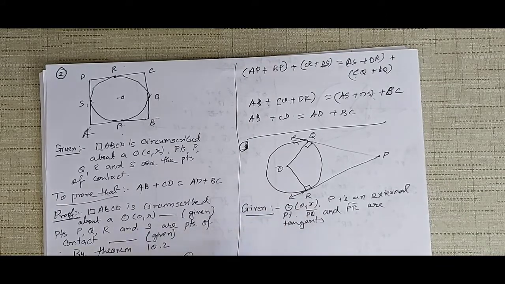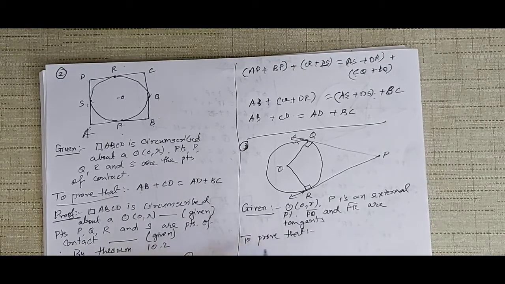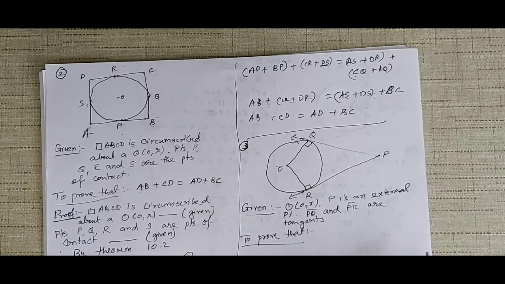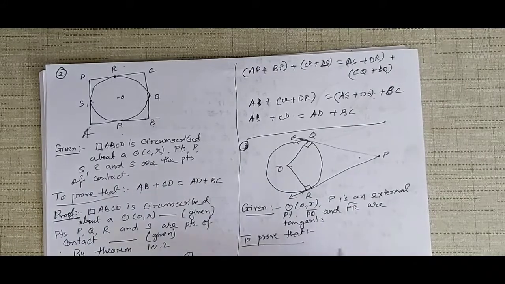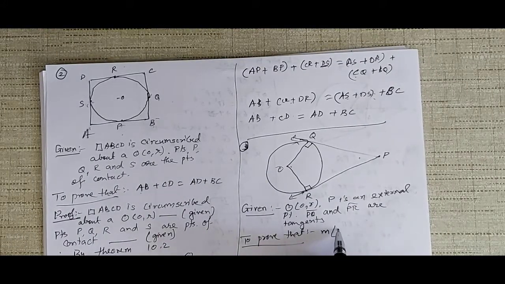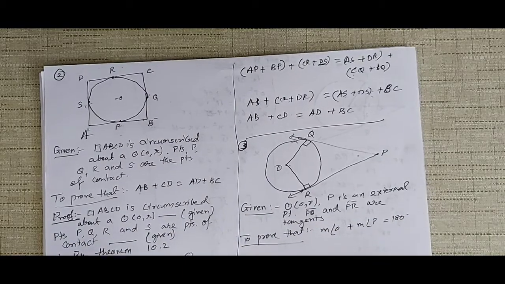This is given to us. Now what are we supposed to prove? We are supposed to prove that this angle plus this angle is supplementary. That is, measure of angle O plus measure of angle P is equal to 180. Okay, a very simple proof.